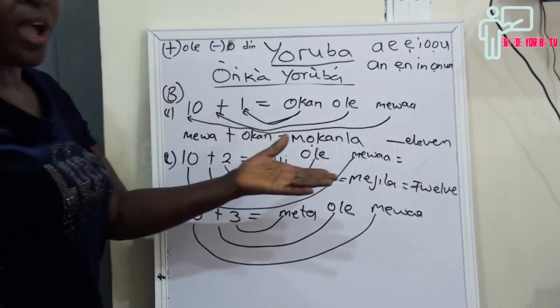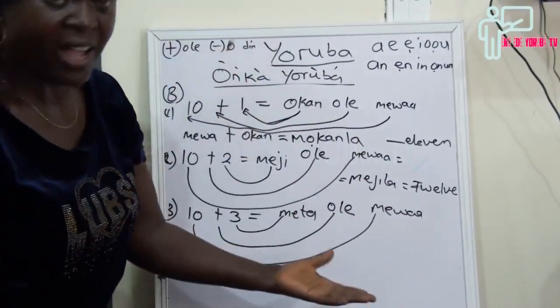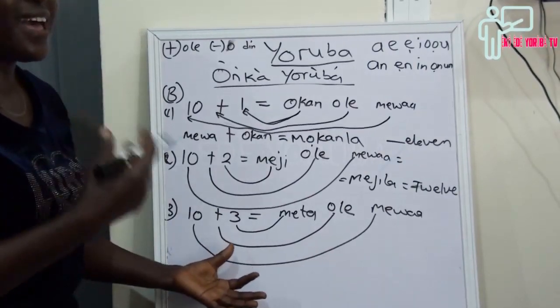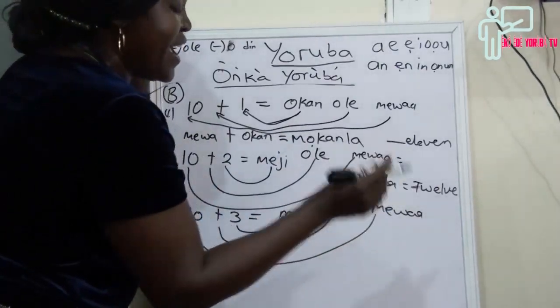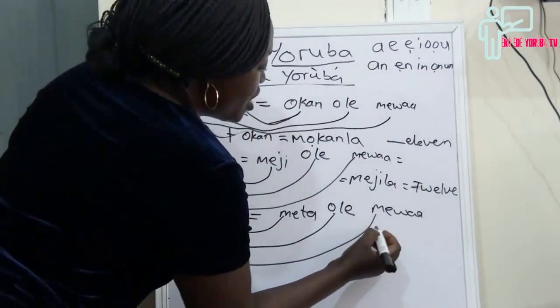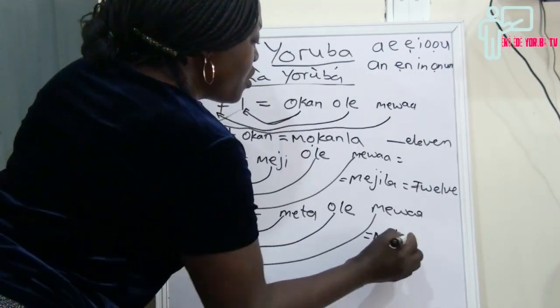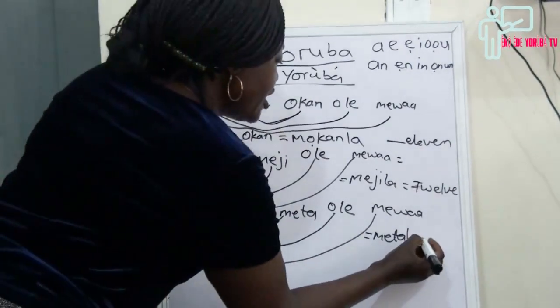We can say mẹ́wàá, we can say ẹ̀wá, we can say ìkẹwàá. So it will now give us mẹ́tàlá. I will still write it for you. Mẹ́tàlá. You can see now, which is 13.